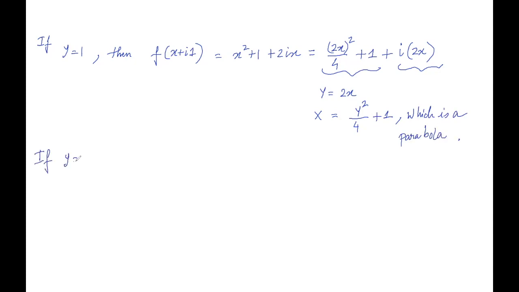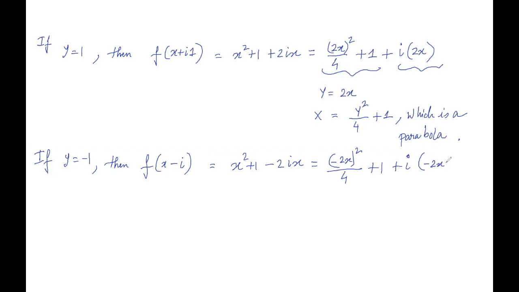If y is equal to -1, then f of x minus i is equal to x square plus 1 minus 2ix. Again I will relate the imaginary part and the real part, so I can write it as (minus 2x) whole square by 4 plus 1 plus i times minus 2x.